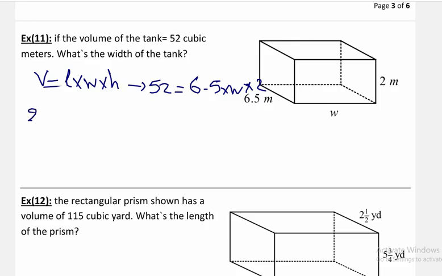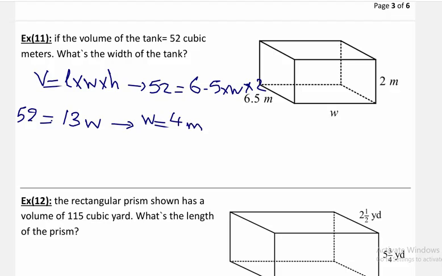If you look closer to these numbers, you will get this. 6.5 times 2 is 13. 13W equals 52. Then divide by 13, then we get W equals 4 meters.